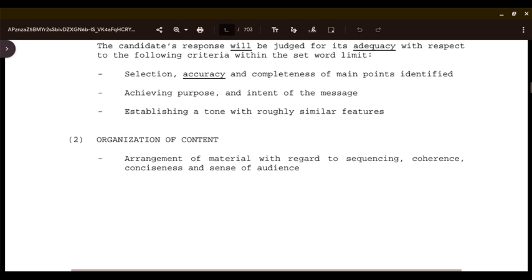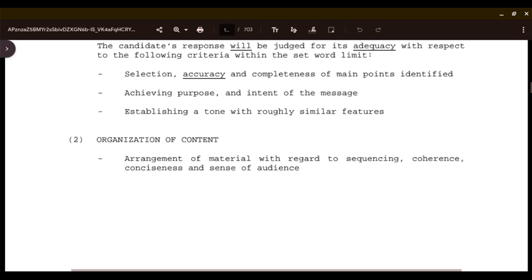You have already identified what you're going to talk about in your main points. You're going to arrange them in a manner that makes sense in terms of sequencing. Sequencing is order, coherence. Let's make sure it makes sense overall, the way you've presented your information.